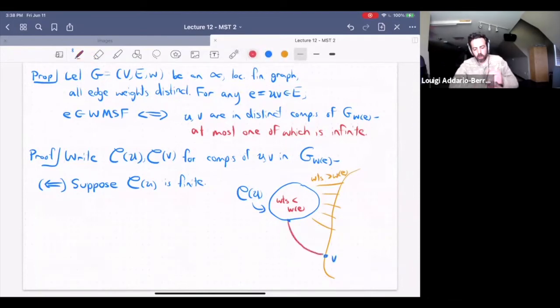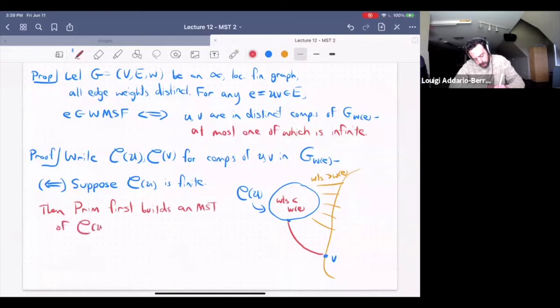Okay, and so what's Prim's algorithm going to do? Well, the algorithm always explores the smallest weight edge available to it. So that means it's going to exhaust all of the edges of weight less than WE before it ever investigates any edge on the boundary. So Prim's algorithm will first build a minimum spanning tree of CU.